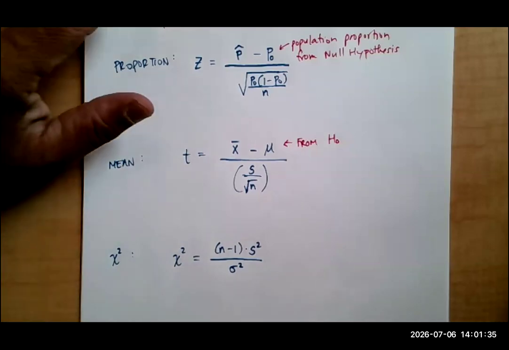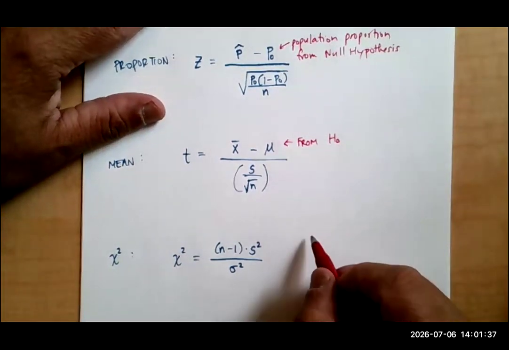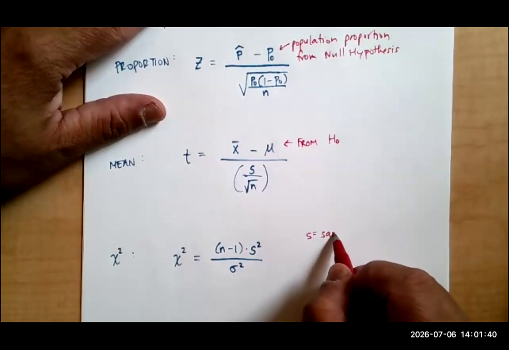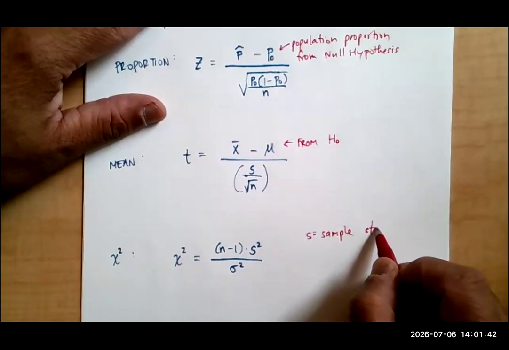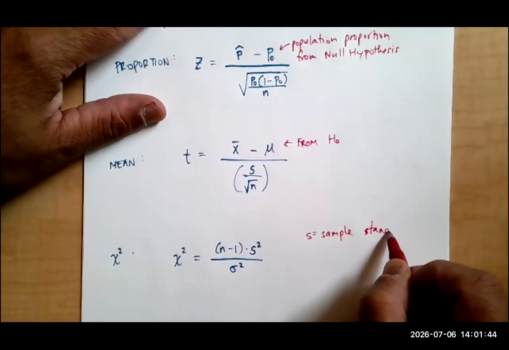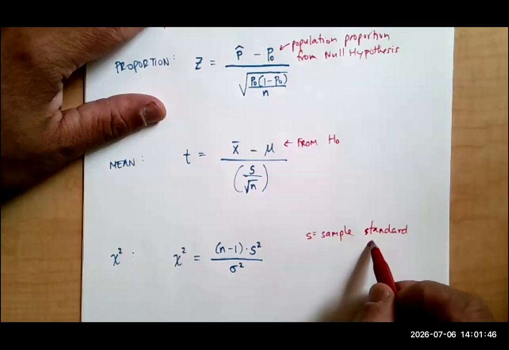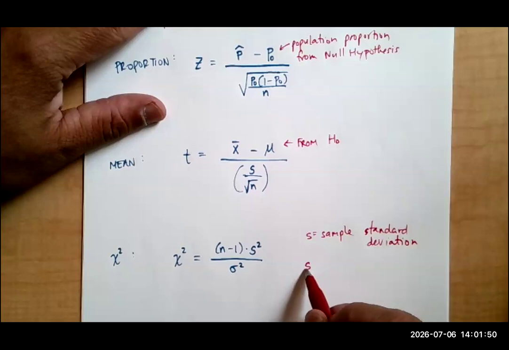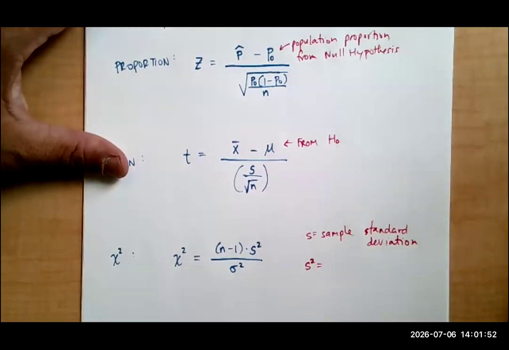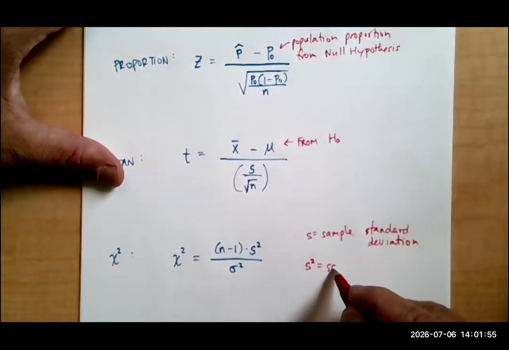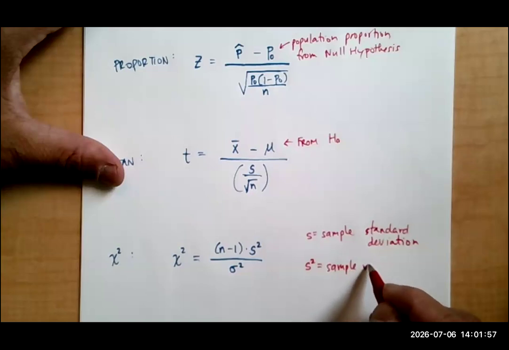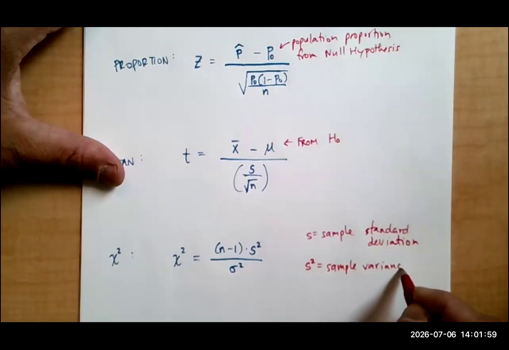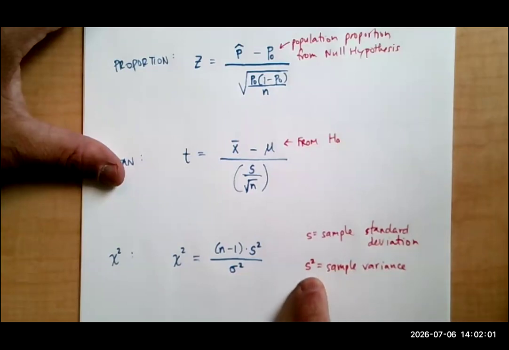Okay, so remember that notation that we have here. s is your sample standard deviation. So there's our sample data coming in. Or depending, and be careful with your reading of the problem, if it's a sample variance that they provided, that means they've already done the squaring.